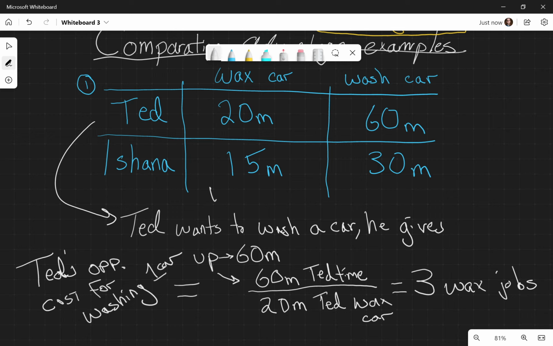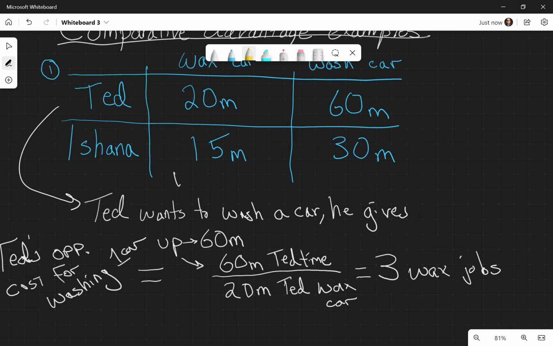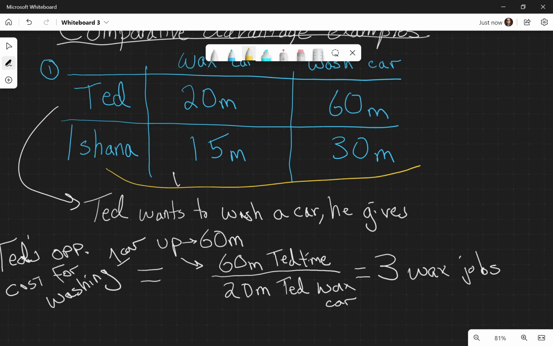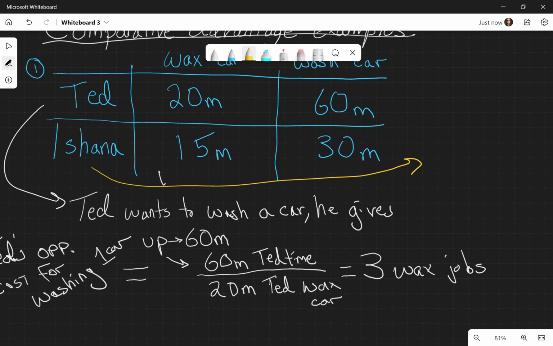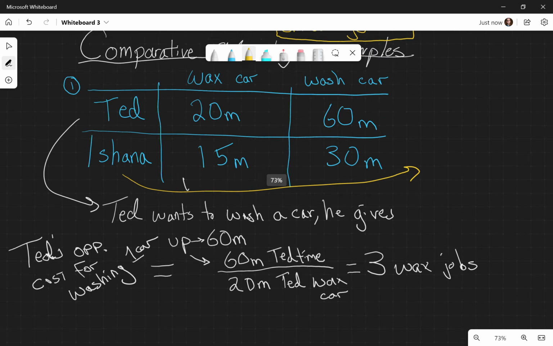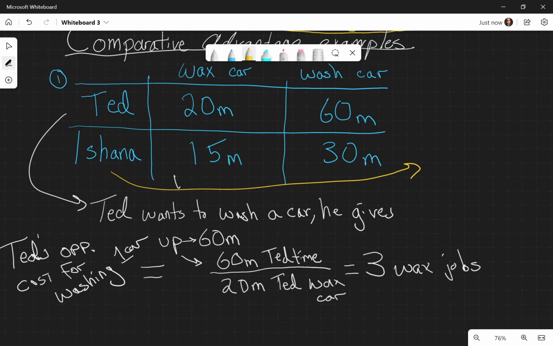Now, when we talk about Ishana, if we want to compare apples to apples, we need to figure out Ishana's opportunity cost of washing one car.